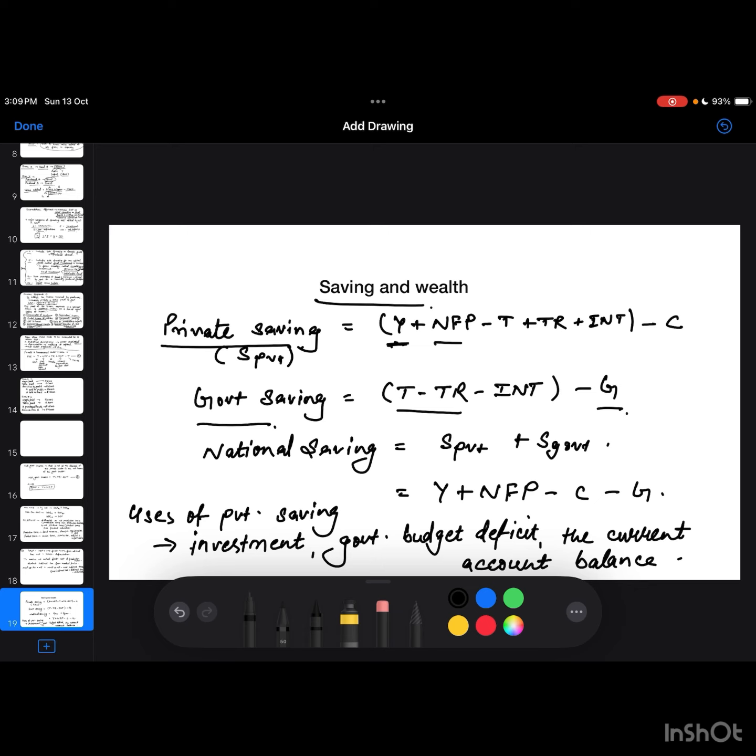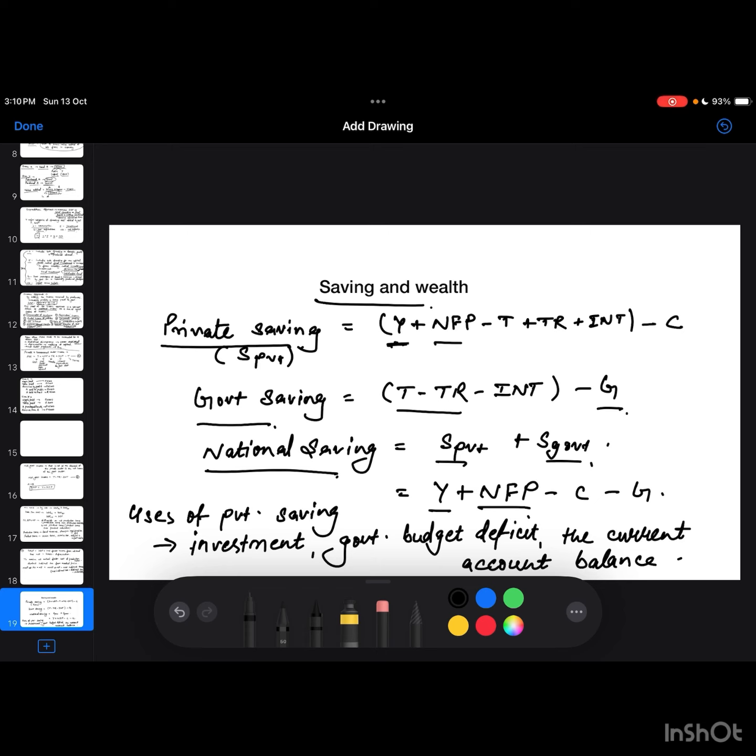So we can get national saving by adding up private and government saving. So by adding private saving and government saving, we will get GDP plus net factor payment minus consumption minus government spending.